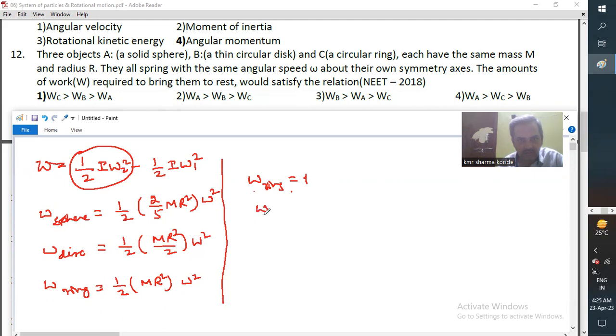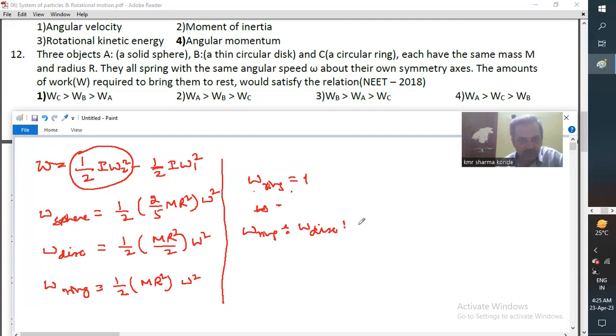You can take the ratio also: ring to disc to sphere. Because 1 by 2 is 0.5, here this is 1, then next is 2 by 5, which is 0.4.